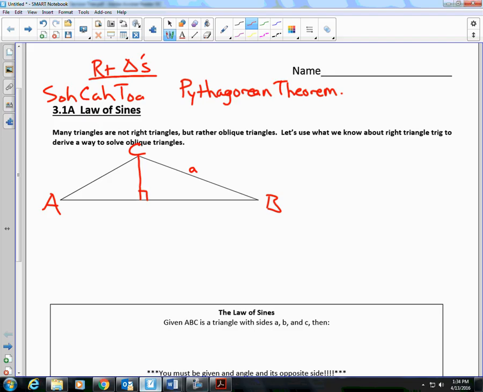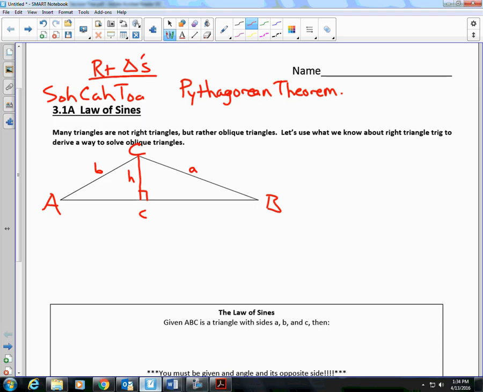So what would this side be right here? B. And this one is side C. Now, I drew a right angle. I drew a height, an altitude. I'll call that H.